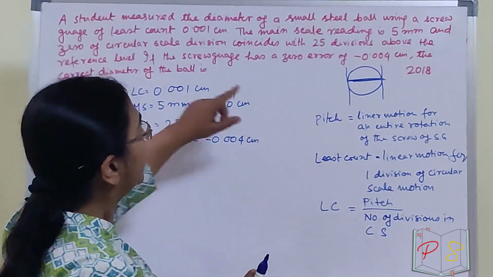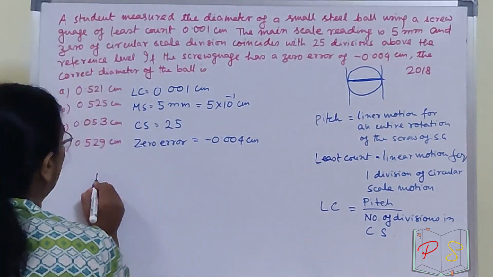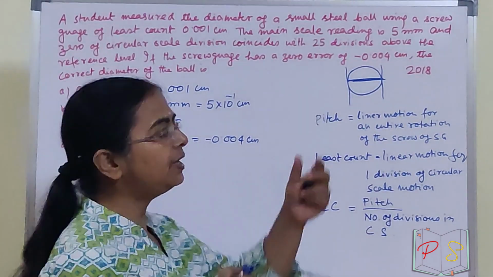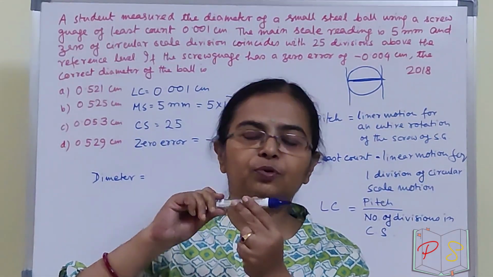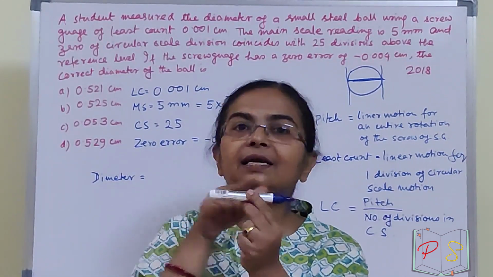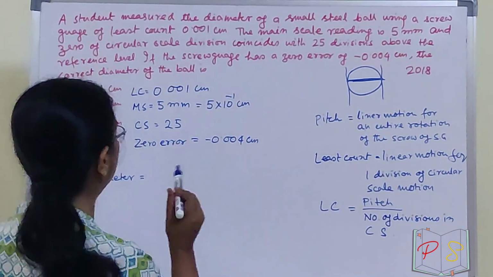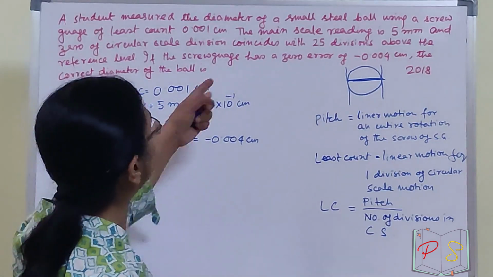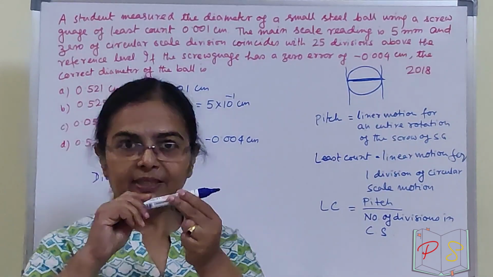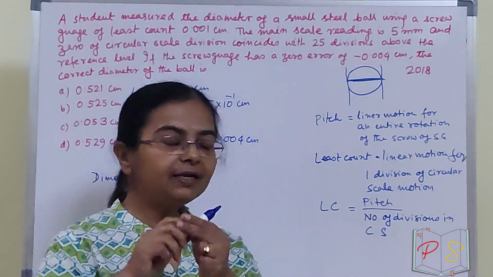So your diameter is a linear thing. Diameter equal to, definitely you moved, and there is a linear scale, and on the linear scale this screw is also moving. So this is the linear scale reading. Linear scale is also called main scale. So main scale reading will definitely be there, and then there will be a component of circular scale reading.